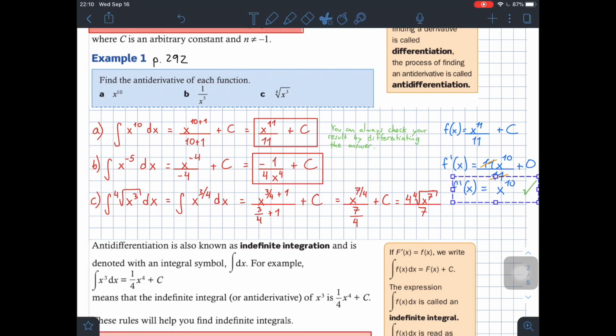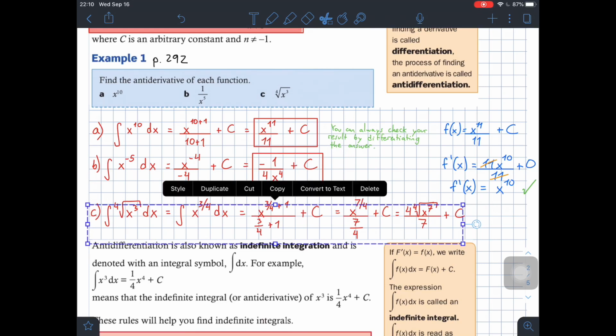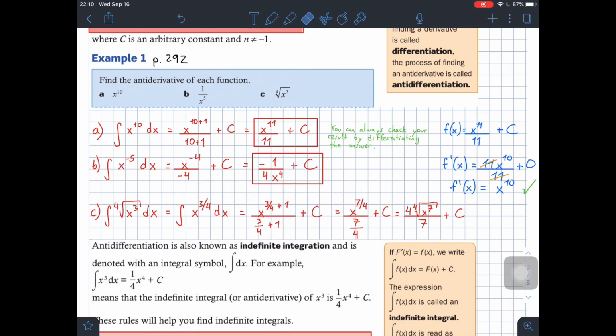Don't forget about the plus c. And this would be the answer for the antiderivative of this expression over here.